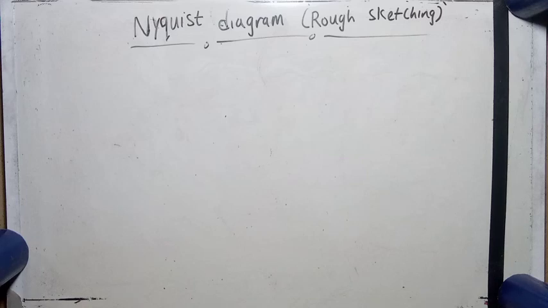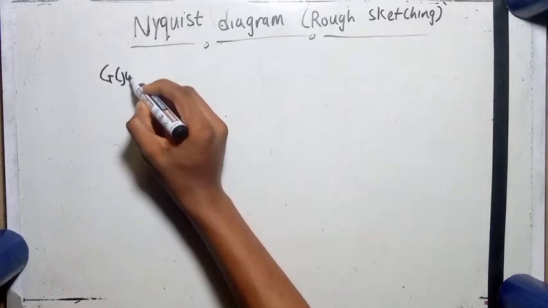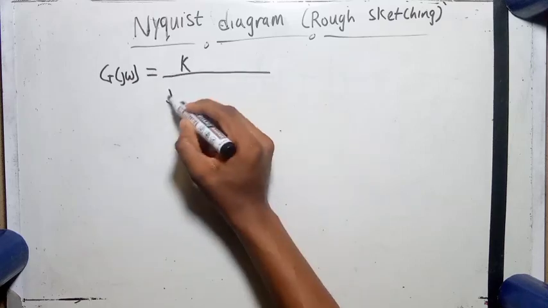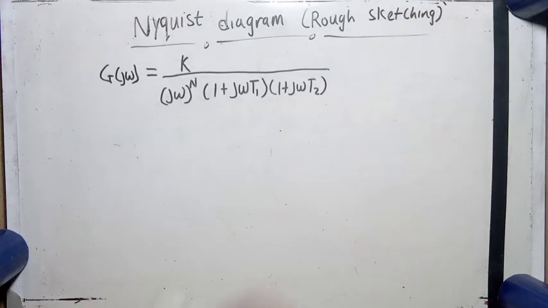Now, let's say we are given a function of this form, G(jw). There are 4 laws we need to apply in order to get a vague picture, a rough sketch of what our Nyquist plot should look like.